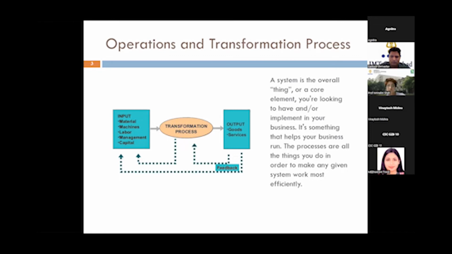This transformation process is part of something called a system. A system is an overall thing or a core element, and how it works is the process. Processes are all the things you do in order to make any given system work most efficiently.